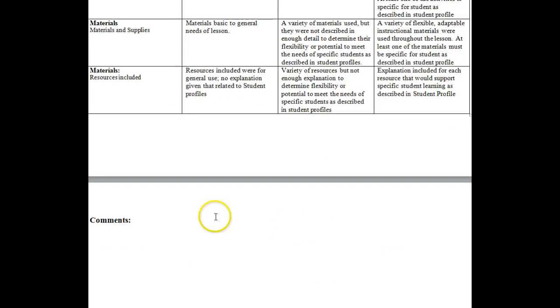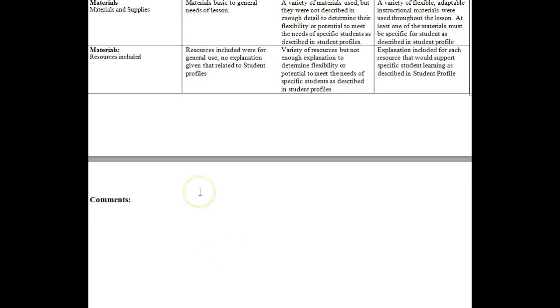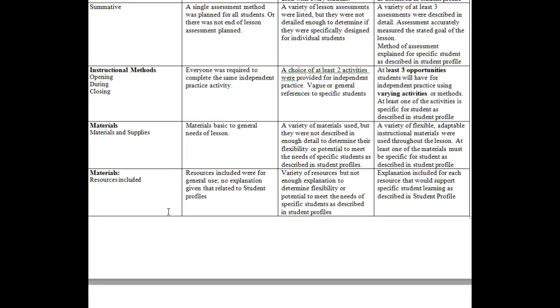Okay, at the bottom, you have comments. Please feel free to add comments, 2 glows and a grow. Don't just say, good job. That tells us nothing. And remember, you're not evaluating the general lesson plan as much as you're evaluating how this student planned for the one in their student profile. And you need that information. That's what I'm going to look for on lesson 3.